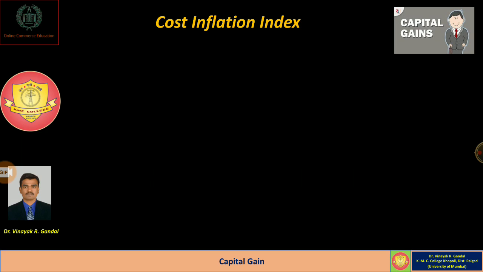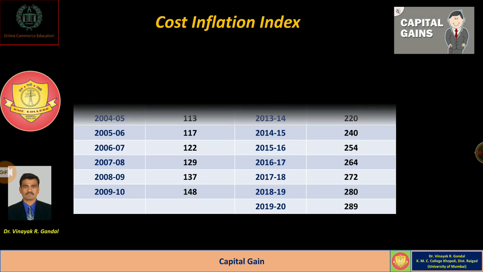Then while determining indexed cost of acquisition, we must know the various cost inflation indices. So we have to consider the cost inflation index of the year in which the asset is purchased or transferred. Okay. For the purpose of income tax calculation, the government gives various cost inflation indices.